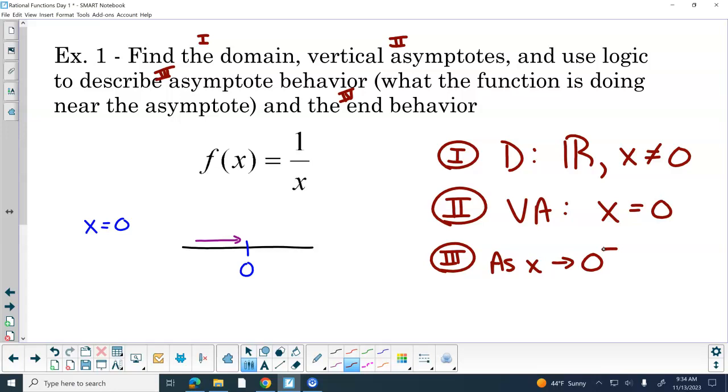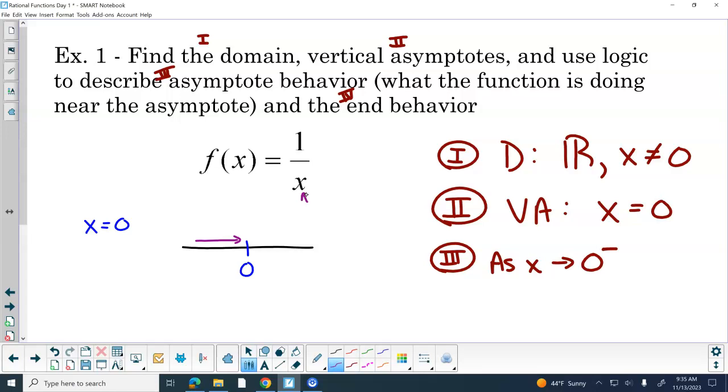So as I get closer and closer to 0, my numbers, as I plug them into this function, are getting smaller and smaller, which means my fraction is getting bigger and bigger, but it's a positive, right? 1 is positive.